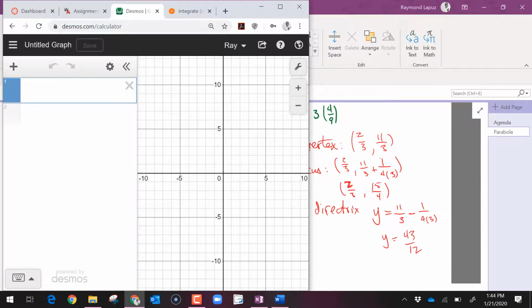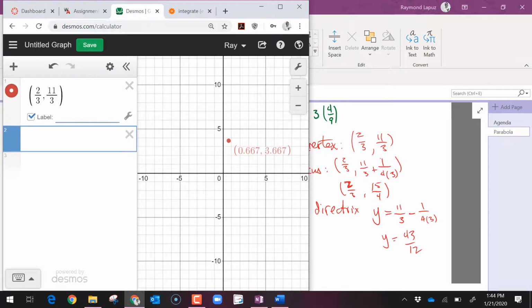Let's plot some points first. So that's the vertex. Let's plot the focus.